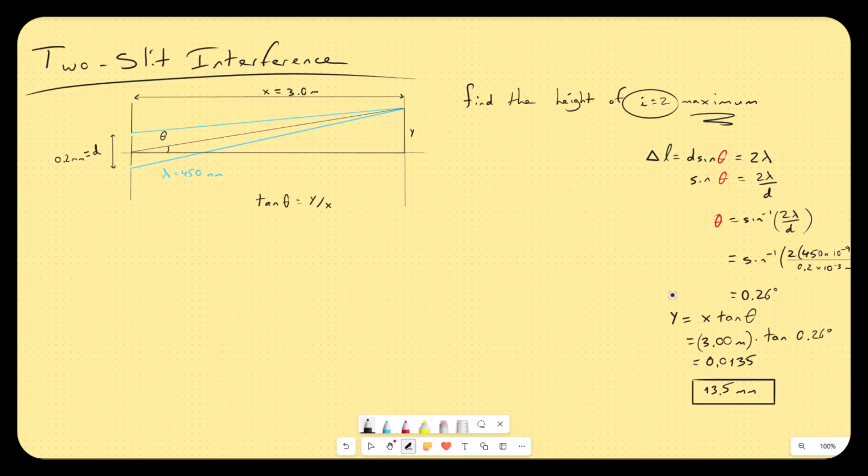I do want to point out a couple of things. The sine of 0.26 degrees is about 0.0045. The tangent of this same angle works out to be exactly the same to this many points of precision.